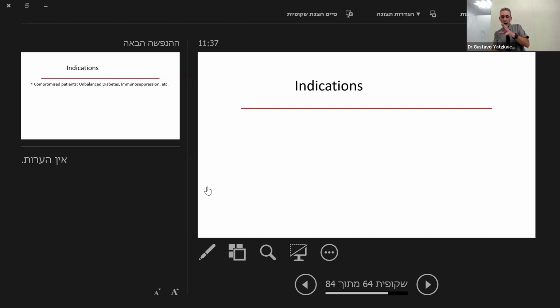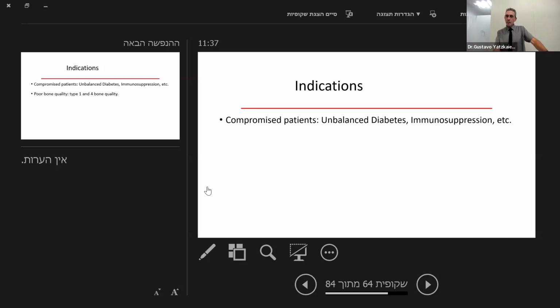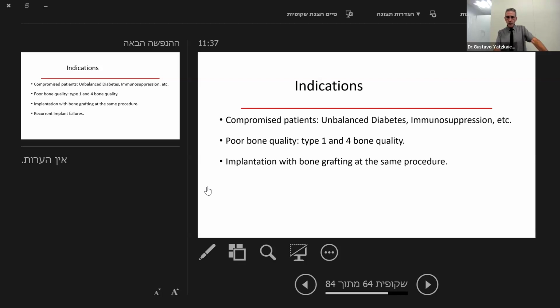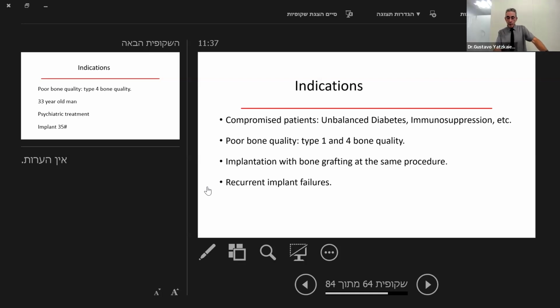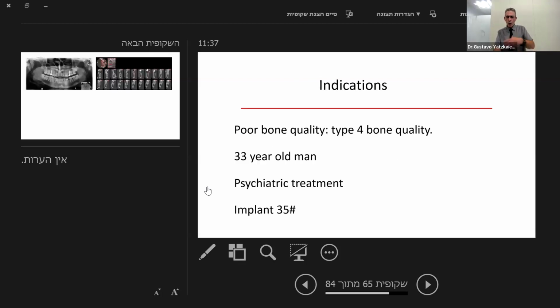But I tried to look at my failures and use it first in those situations, meaning compromised patients like unbalanced diabetes or immunosuppression, poor bone quality like type 1 or type 4, implantation with bone grafting in the same procedure, or implant failures.